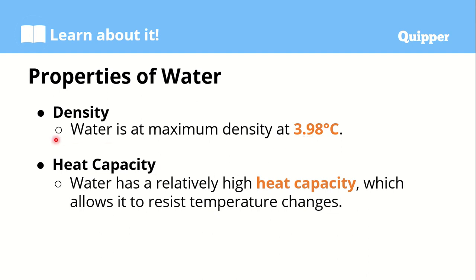That means water is densest or bugat ang water when the temperature is at 3.98 degrees Celsius and is less dense at freezing temperature. Now, this explains why ice floats on the surface of liquid water, because ice has a lower density.